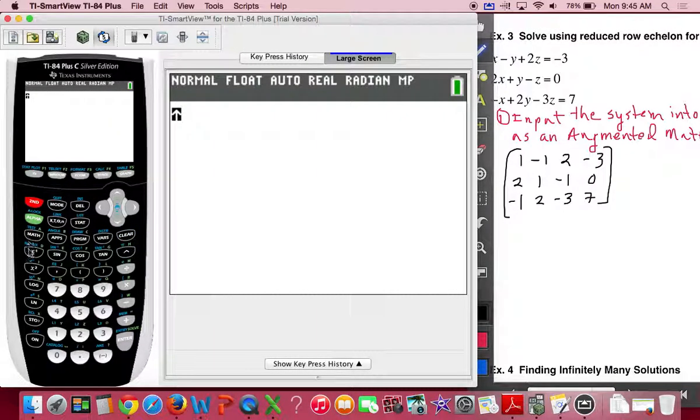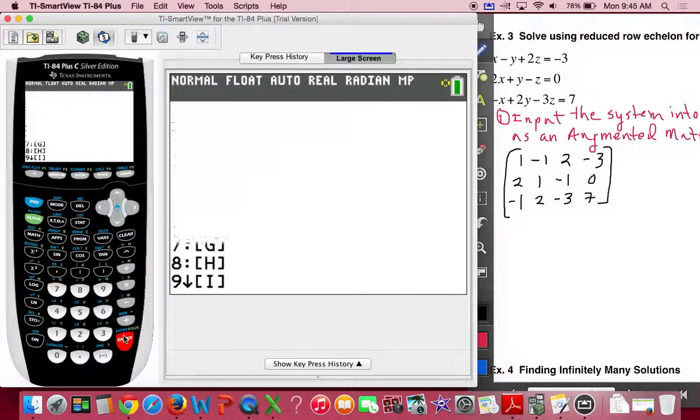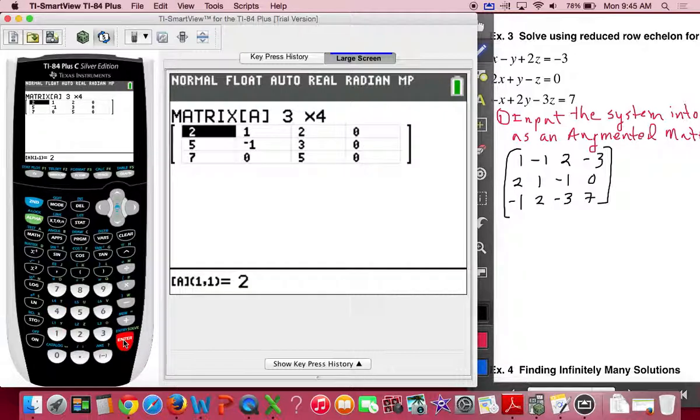And you're going to go to second matrix. And we're going to scroll over to edit, and you want to edit matrix A. And what's the dimensions of this matrix? 3x4. And then enter your rows across. Second matrix, and you scroll over to edit.